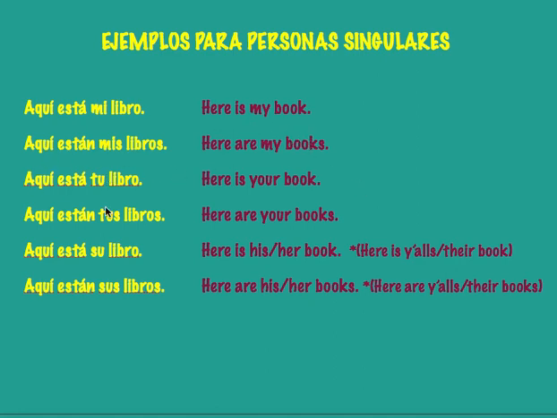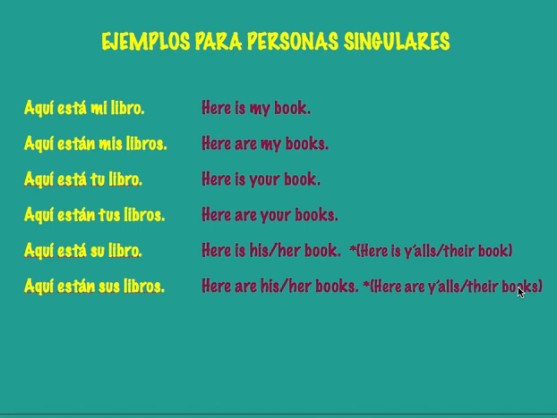Here is your book. Aquí están tus libros. Here are your books. Aquí está su libro. Here is his or her book. Also, here is y'all's book, or here is their book. And aquí están sus libros. Here are his or her books. And also, here are y'all's books, and here are their books.